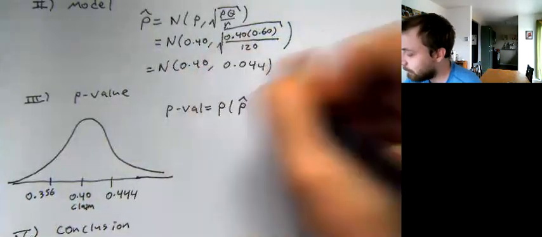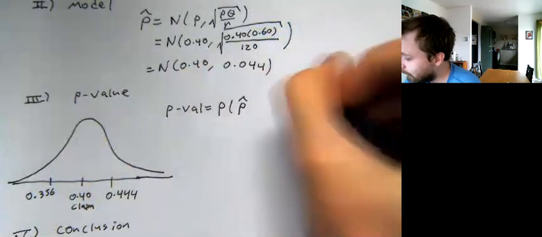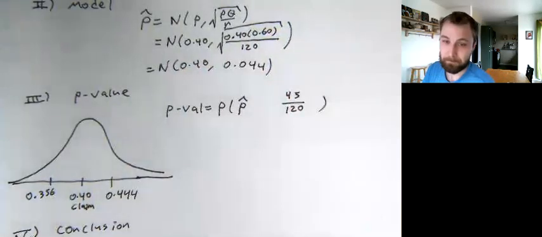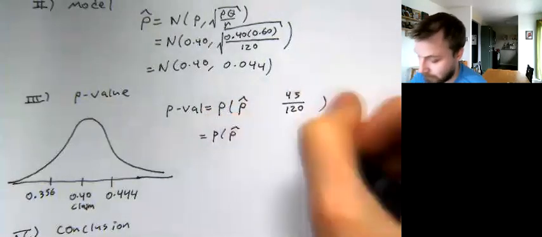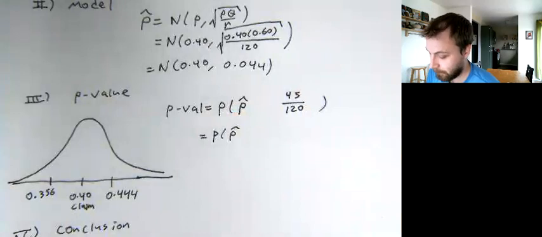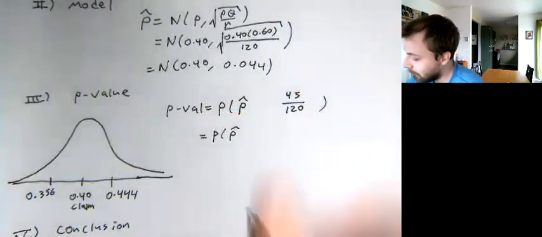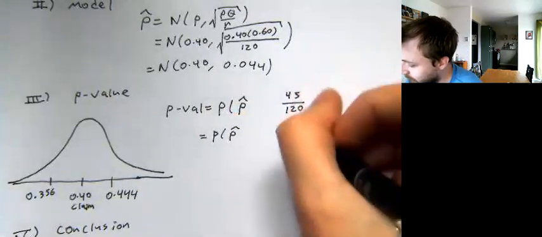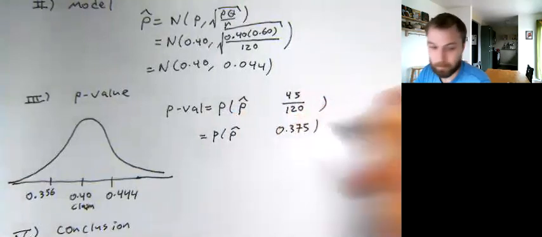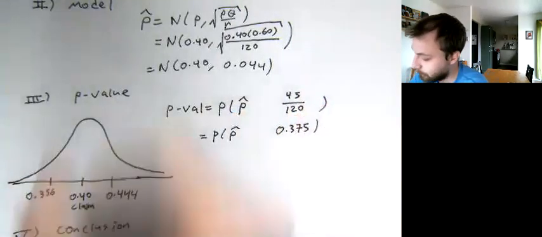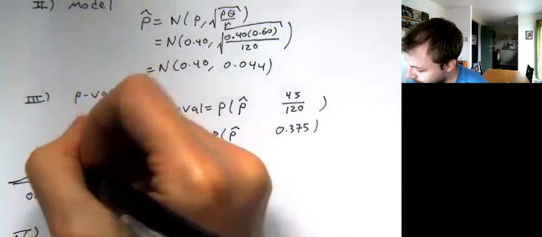My sample success rate for this problem was 45 out of 120. I'm going to type that into a calculator just to see what I get for my sample success rate so I can put that down on the curve. 45 divided by 120 is 37.5%. So on my curve, 37.5 happens somewhere about here.